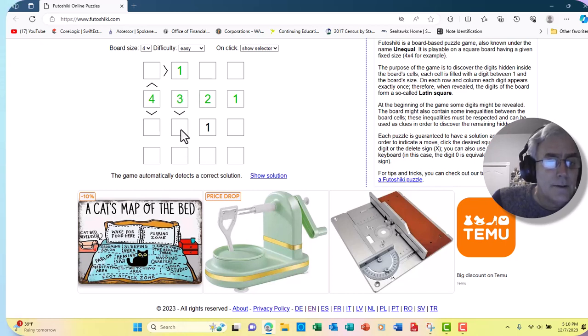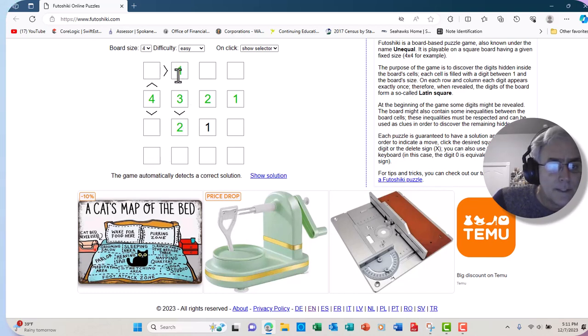Well, now, if we look at this column, it has to have the numbers 1 through 4. And it can't be a 1 here because there's a 1 here, and there's also a 1 here. So the only number that 3 is bigger than, and that's what this symbol means, bigger than. The bigger side is on this side, the smaller side is on this side. So this has to be a 2.